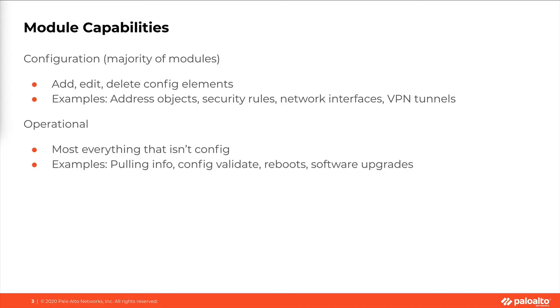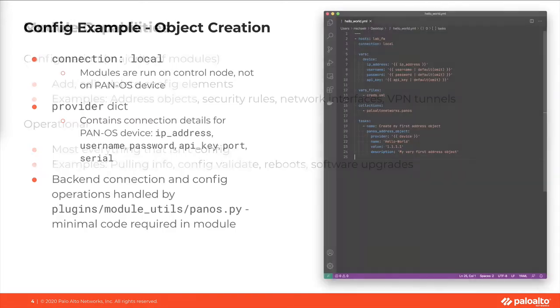And then you have operational commands, which is most everything that isn't configuration related. So you can pull info back from a running device, you can validate config, you can reboot a device, you can upgrade the software or upgrade the content. And this is an important distinction for what you can accomplish using Ansible that you can't accomplish using Terraform.